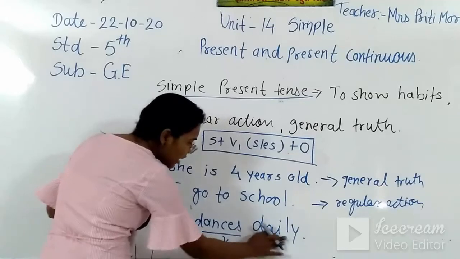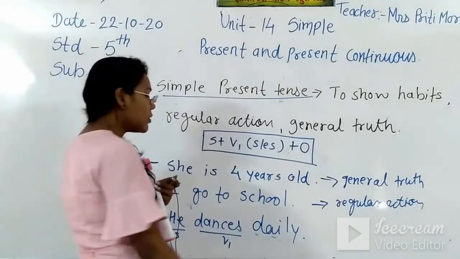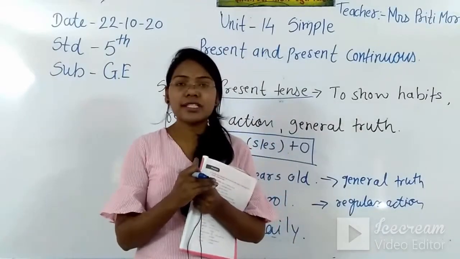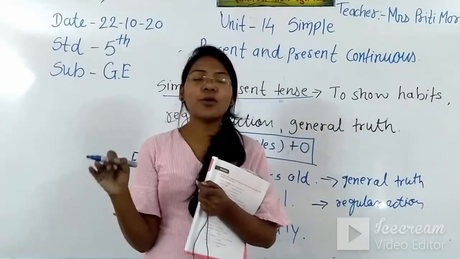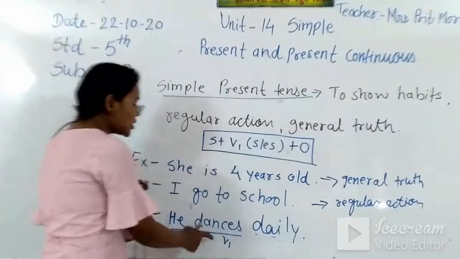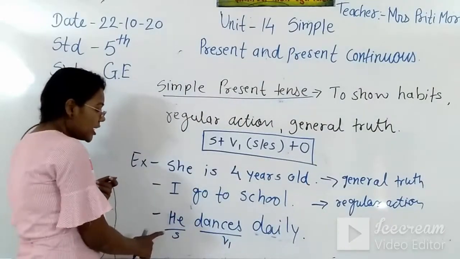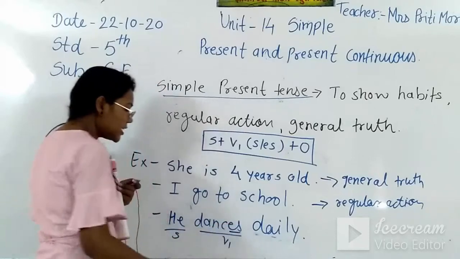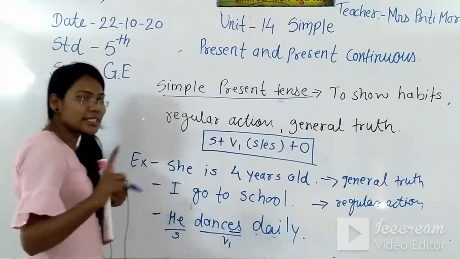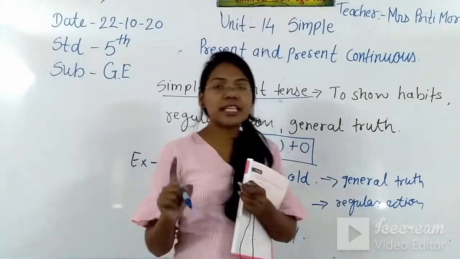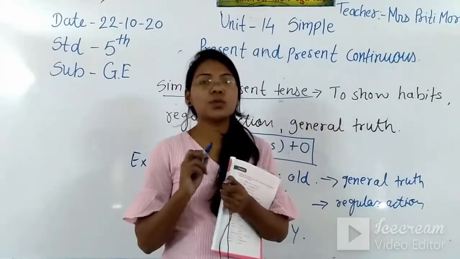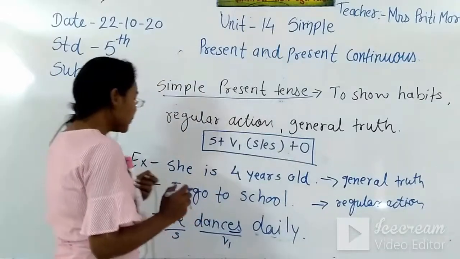This is an intransitive verb, and many times with an intransitive verb there is no need of an object, and the sentence is still complete. We added es here because he is singular, and when the subject is singular we add s or es to the main verb.